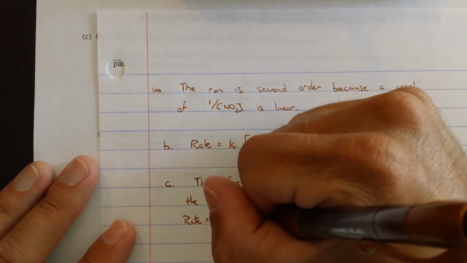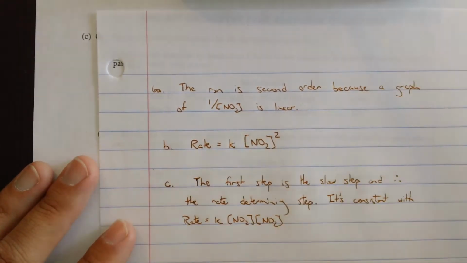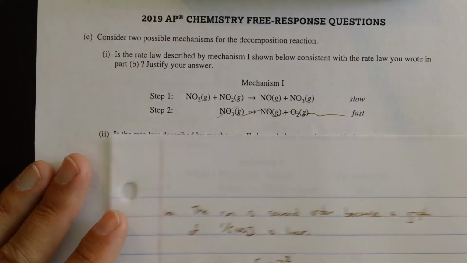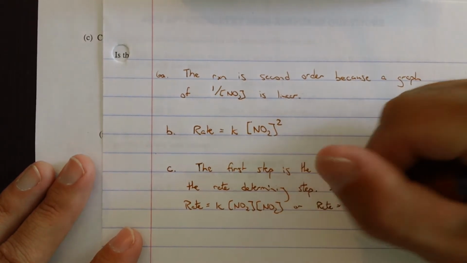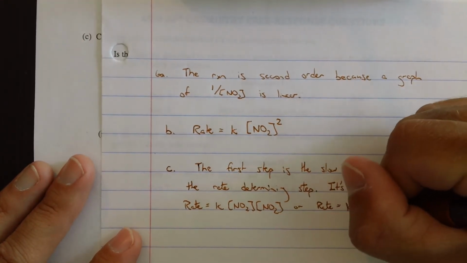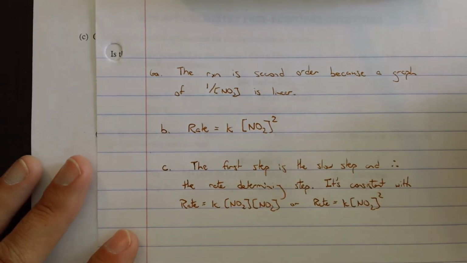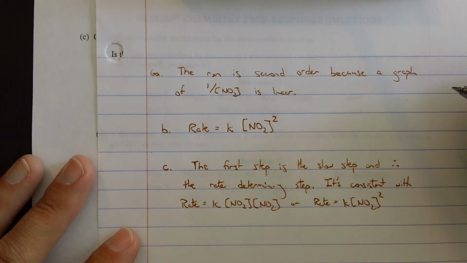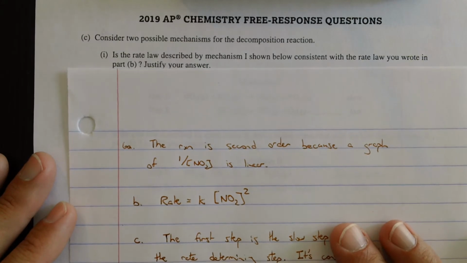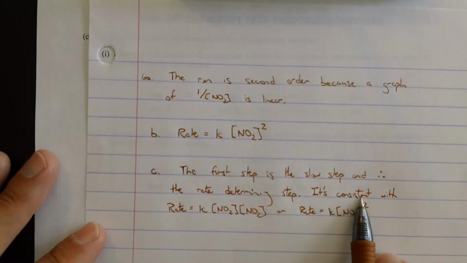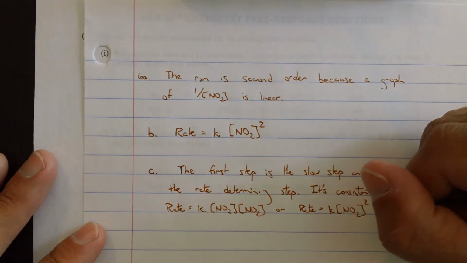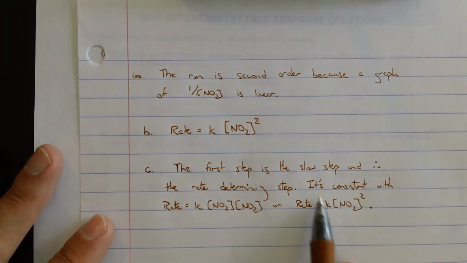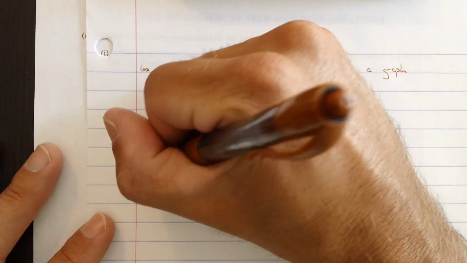You could do NO2s this way, because there's 2 of them that way, that's fine. Or rate equals k NO2 squared. Let's see what the question is. Is it consistent? It's consistent with this. That's probably enough there. That's answering the question. It is consistent. That's part one.